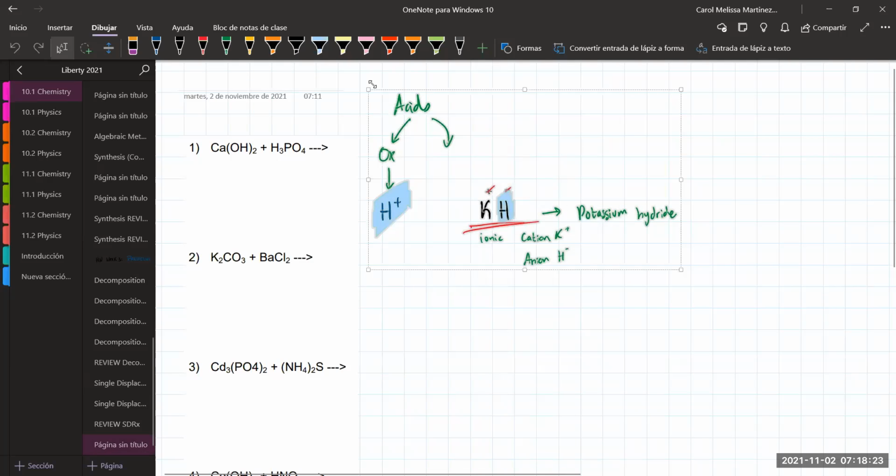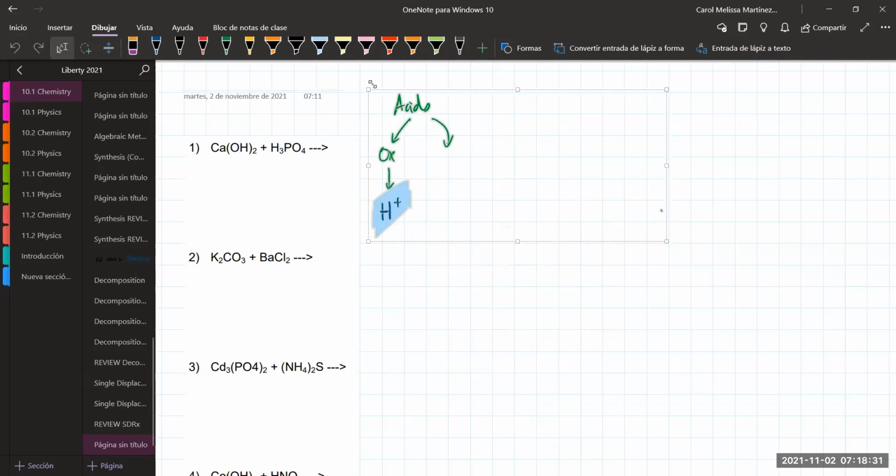So, in conclusion, do not forget, the cation of an acid is H plus, the hydrogen part. The rest cannot be because this is what we know as the polyatomic anion. This is the anion phosphate. Okay, so you cannot take any of these elements because of that reason.